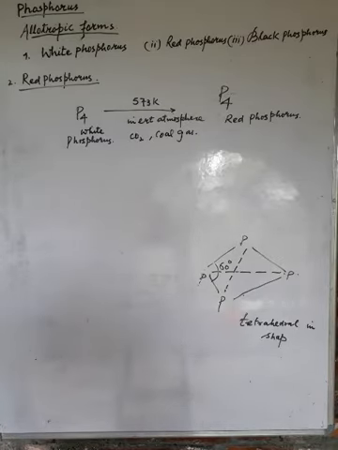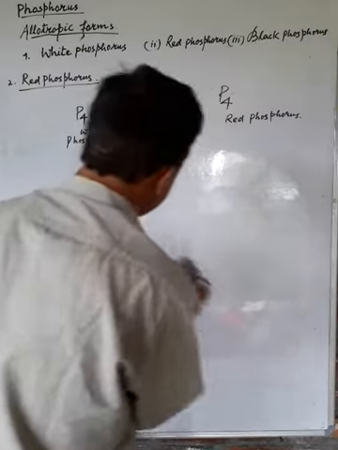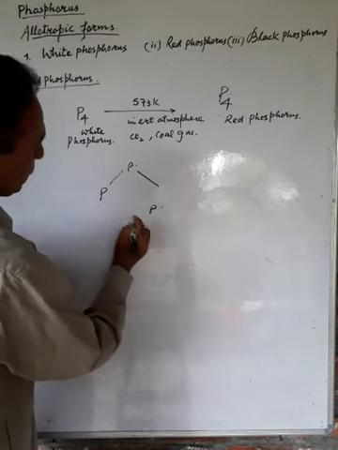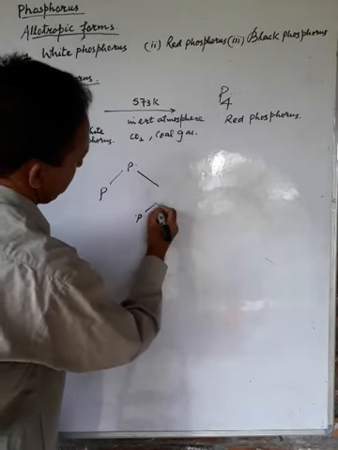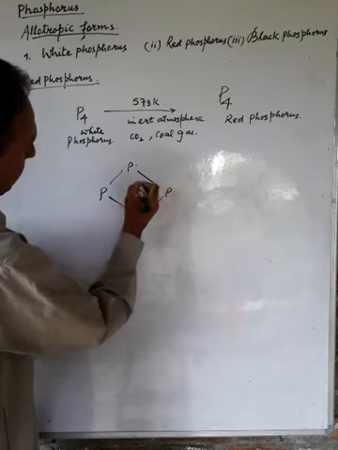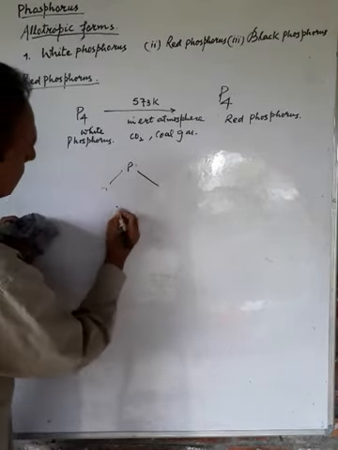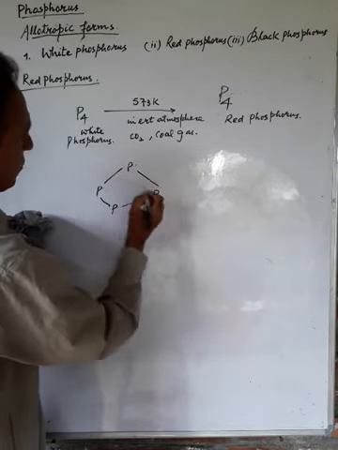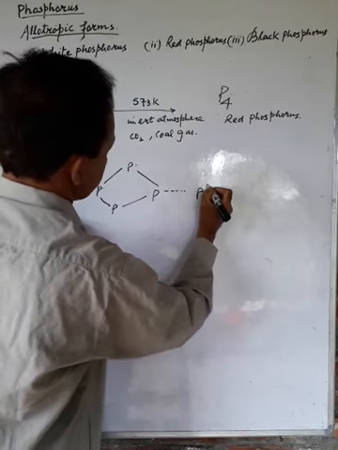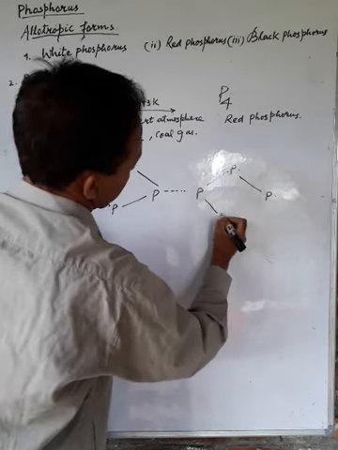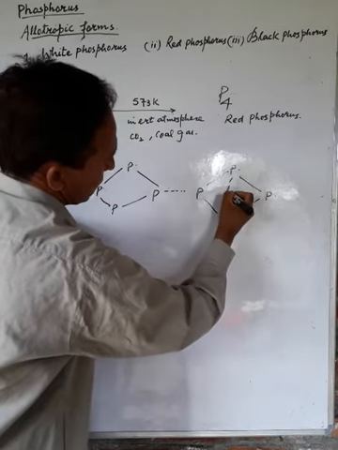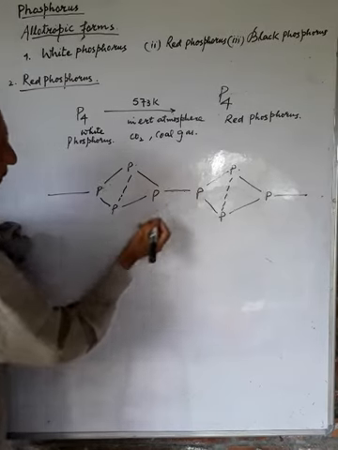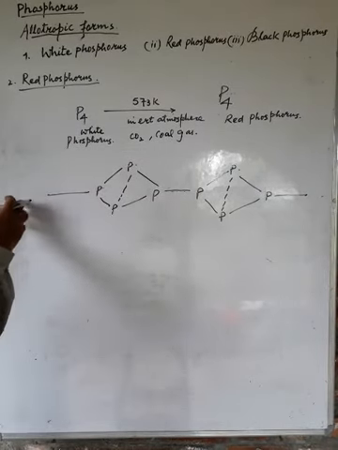So the structure is like this: phosphorus atoms linked with other phosphorus atoms, and another molecule here like this.